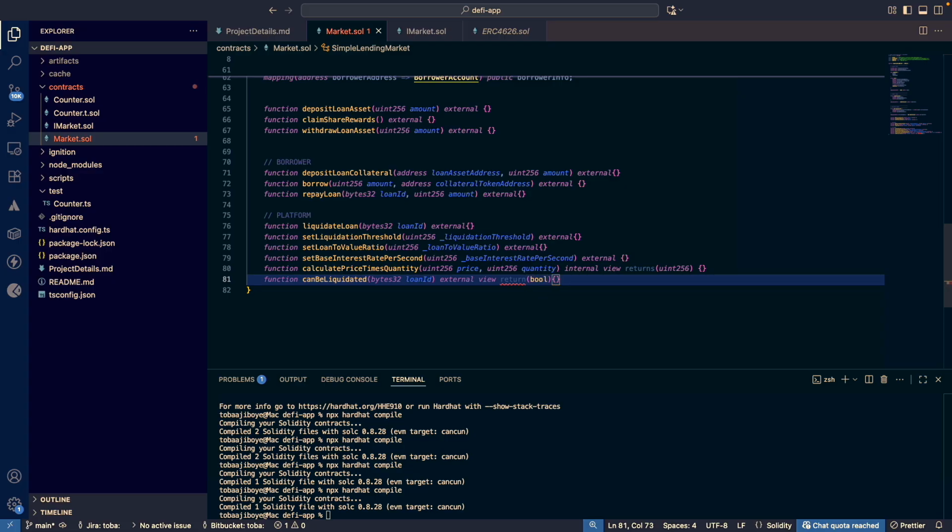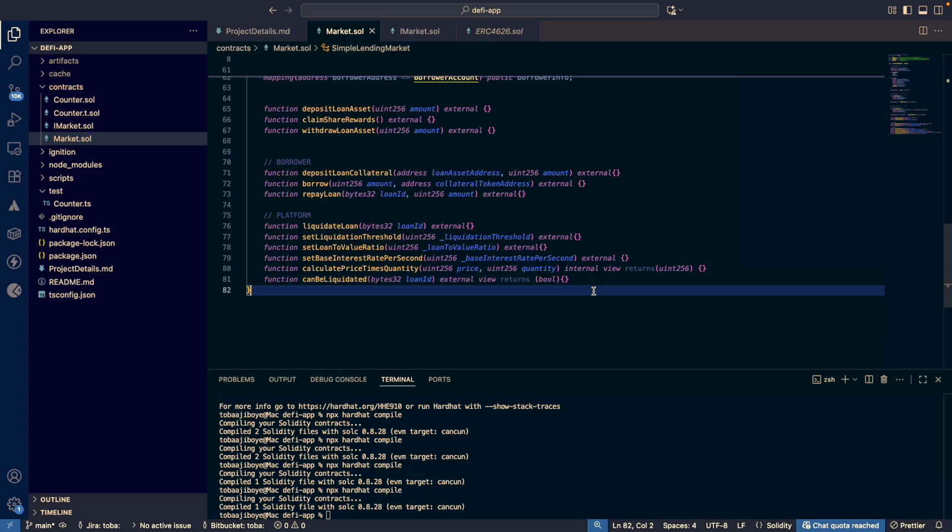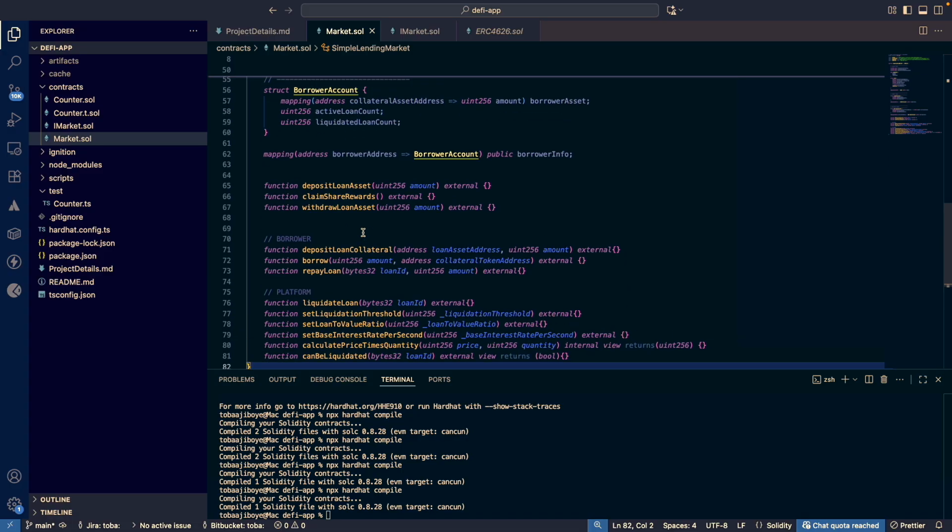All right, boom. All right, can be liquidated. There is an internal function component to this, but I would think through it. This is a lot of functions already, and we're going to be adding more to it.